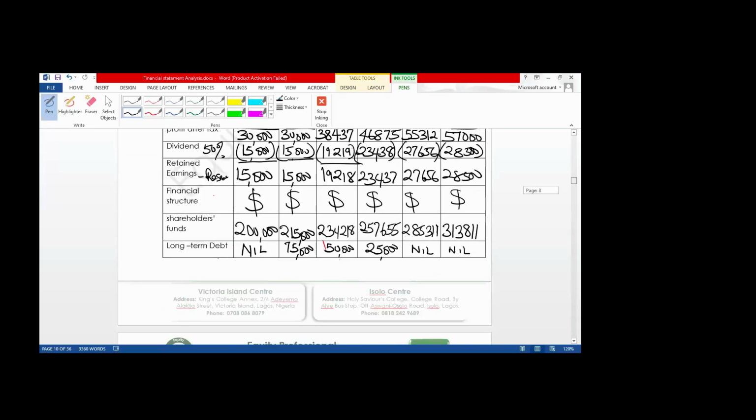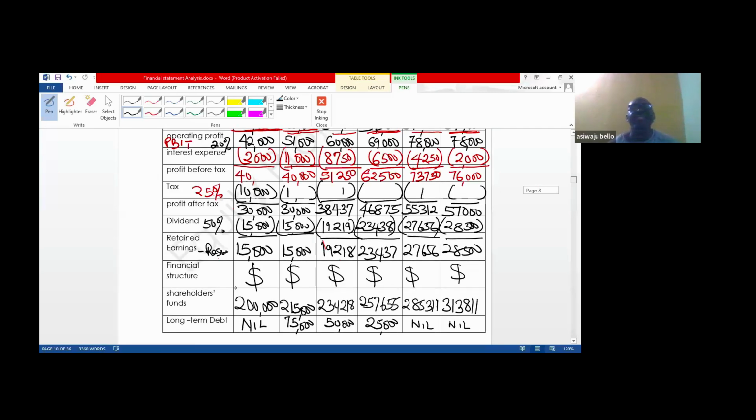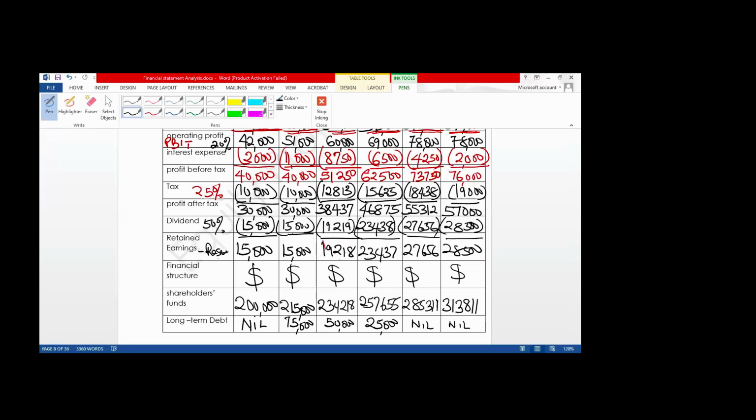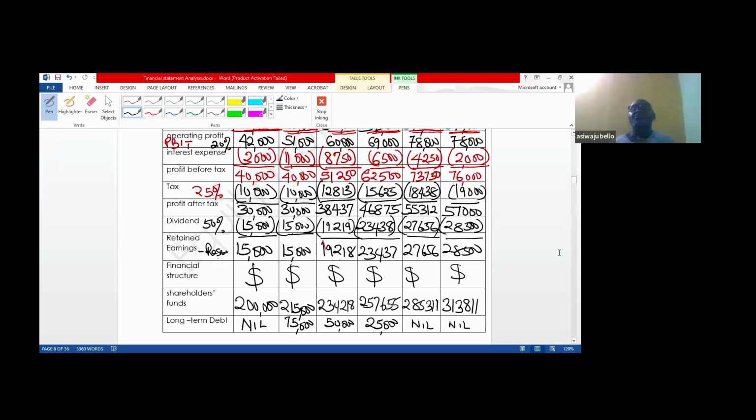In the current year, our profit after tax is 30,000. Shareholders' funds 200,000. Please divide. That is 15%.